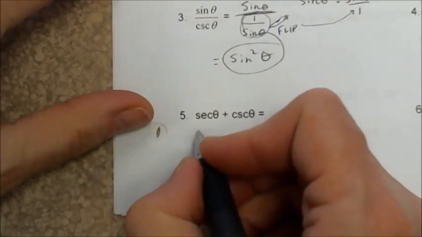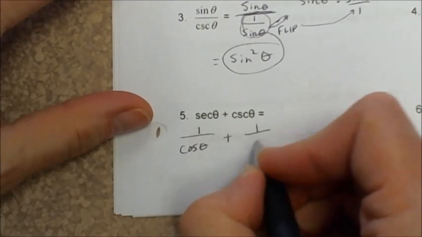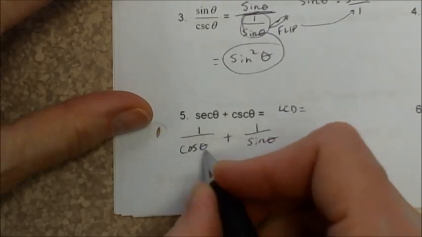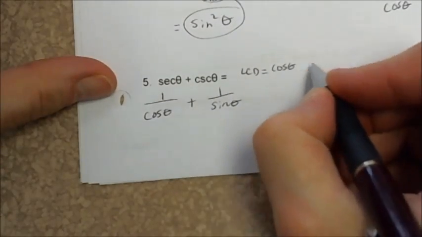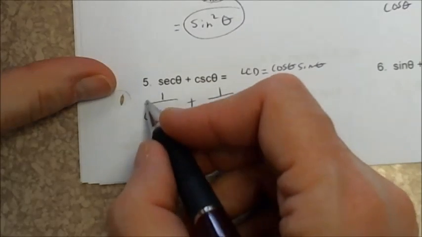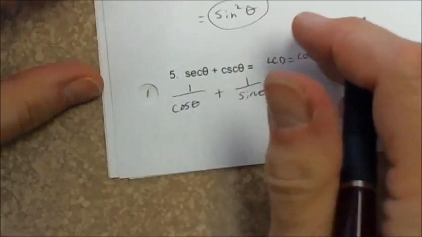In the next one, secant is 1 over cosine. Cosecant is 1 over sine. Well, we need the LCD. Just like the other one above, the LCD is the cosine times the sine. So in order to get a cosine times a sine, we have to multiply the top and bottom by sine.